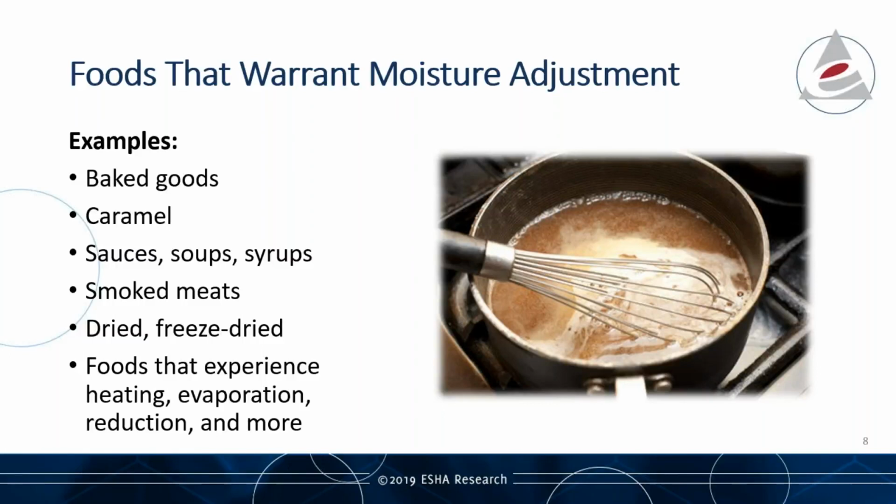Many foods experience some kind of moisture loss, some certainly more than others. So consider with your products, is there a measurable or significant amount of change from your beginning ingredients to the finished product, and what can you do to account for that?